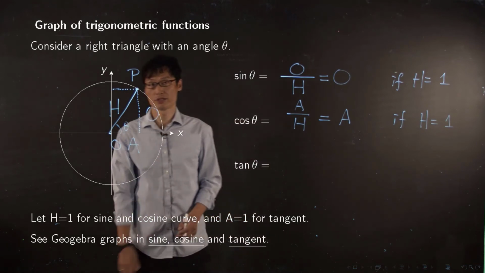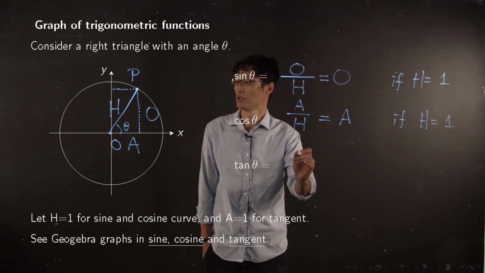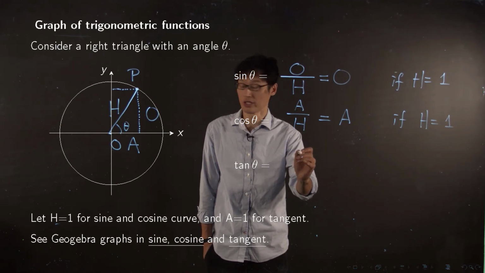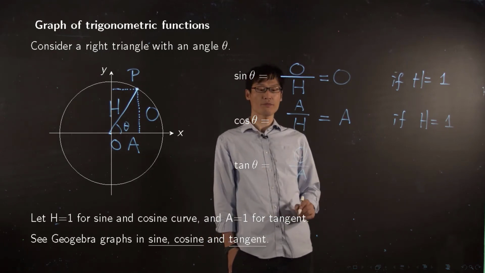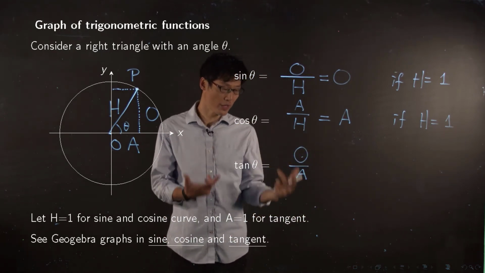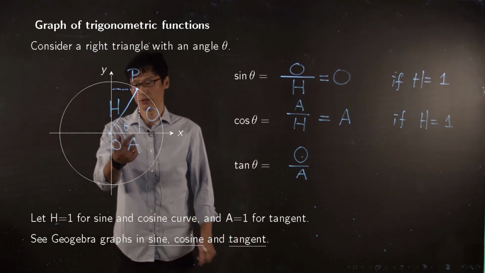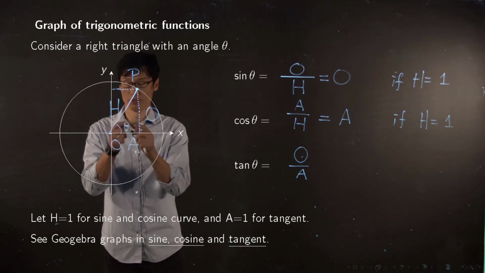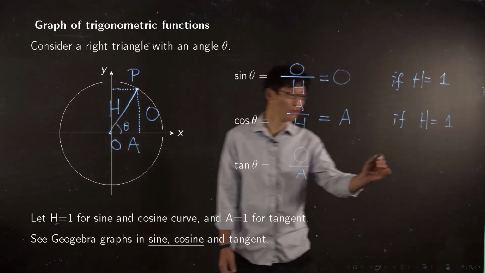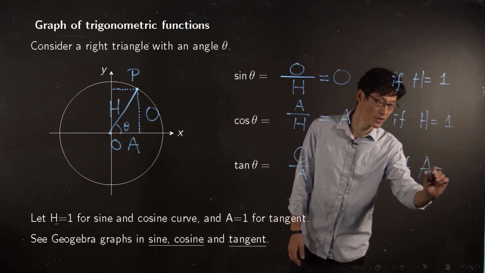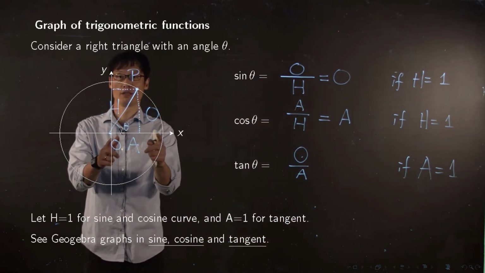For tangent, we need a slightly different approach. Tangent is the ratio between opposite and adjacent, O over A. For this, it would be great if the denominator A becomes 1, but this denominator is not 1, for example, in this triangle. So we want to have A equals 1. In other words, we can fix this base to be 1.